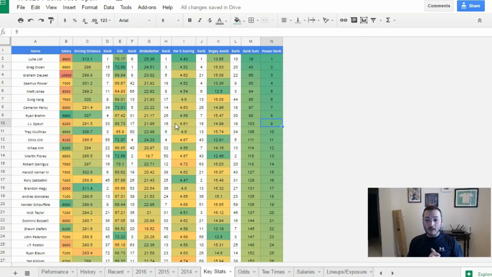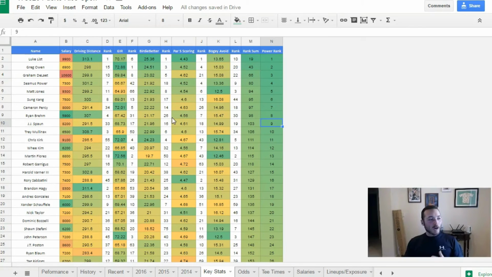Birdie or better is always going to be up there for me. If I was playing on FanDuel, which has bonus points for bounce back, where you make a bogey and come back and make a birdie on the next hole, since that is emphasized in the scoring, that is something I might take into account for my key stats.